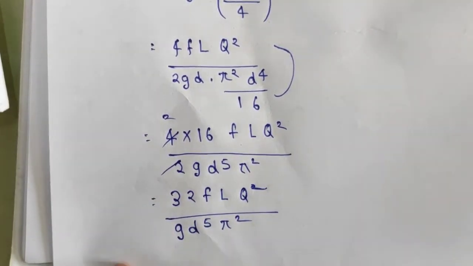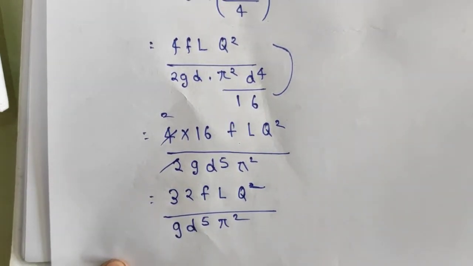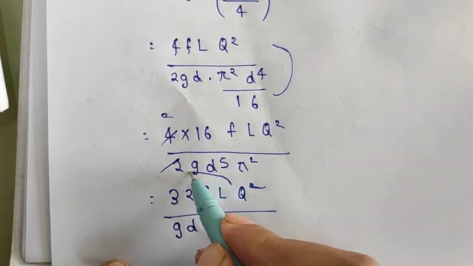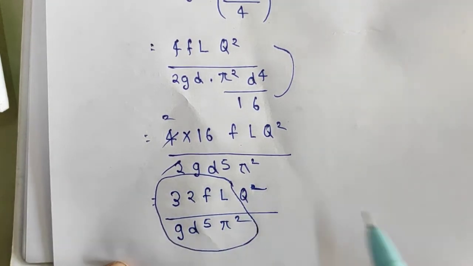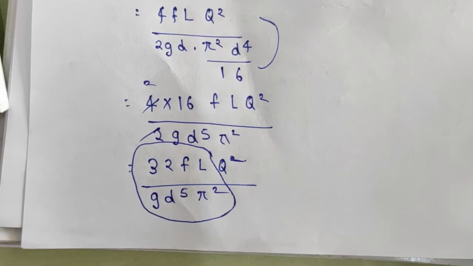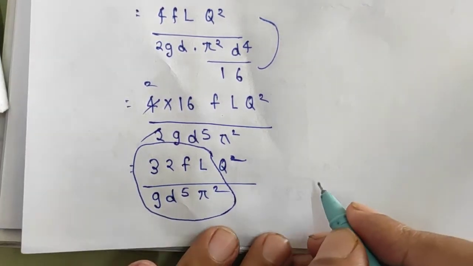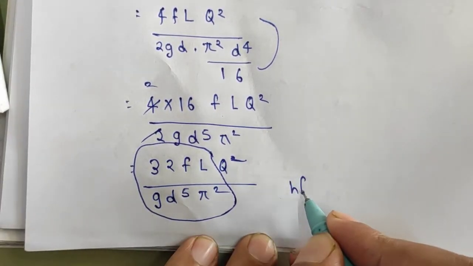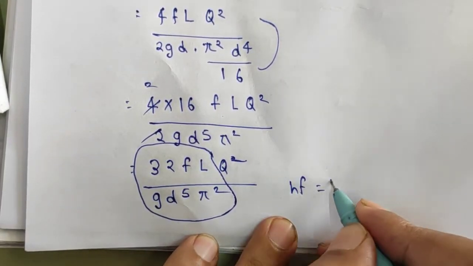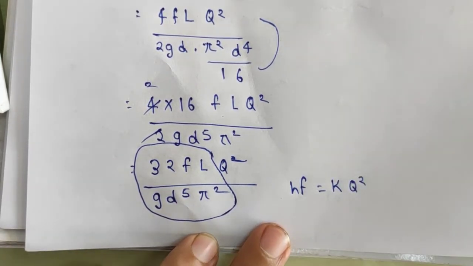In this, except for the Q, everything else is constant, right? So in this place we can write a constant, which can be k or n as per your convenience, and also as per different books, we have the head loss due to friction hf is equal to kQ to the power 2.